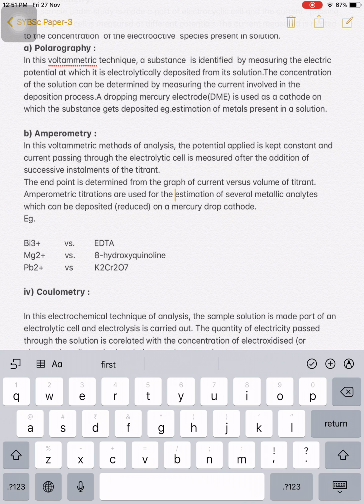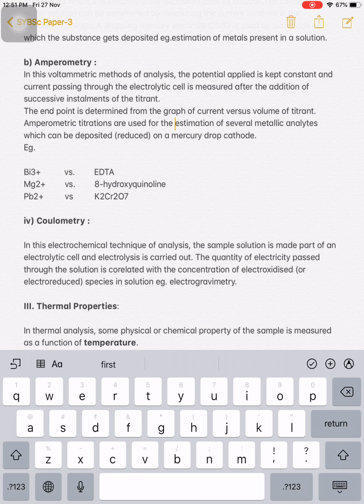They have given examples here: bismuth with EDTA, magnesium can be titrated by use of 8-hydroxyquinoline, and lead by use of K2Cr2O7, potassium dichromate.